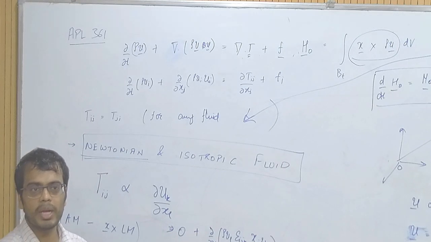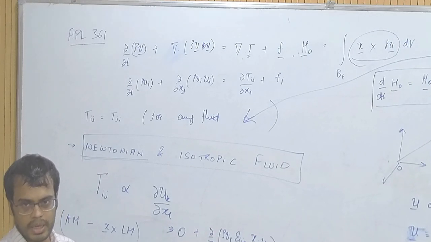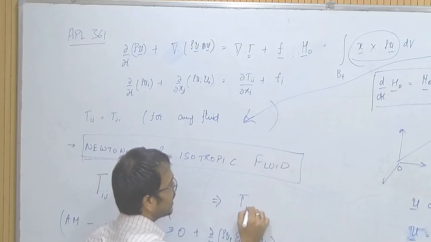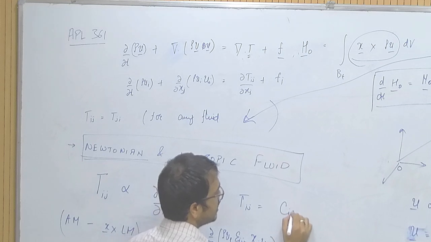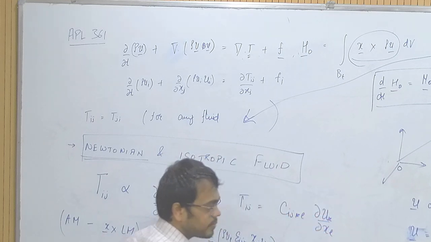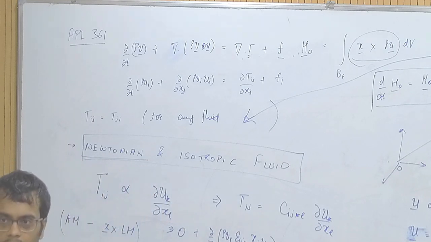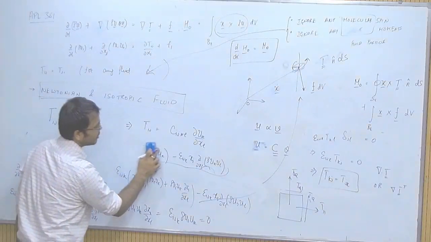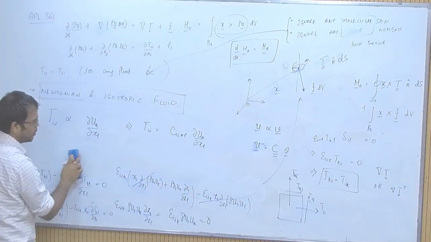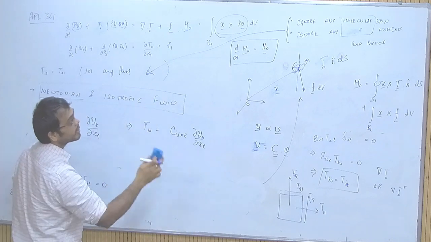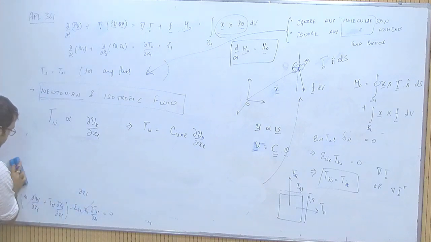If you multiply a third order and second order, you will get a vector again. So the most general way is that Tij is actually Cijkl del uk over del xl. And this is the first and the last time when I am going to write a fourth order tensor on this board. Okay. I mean this discussion, it may happen that this gets stretched to the next class.